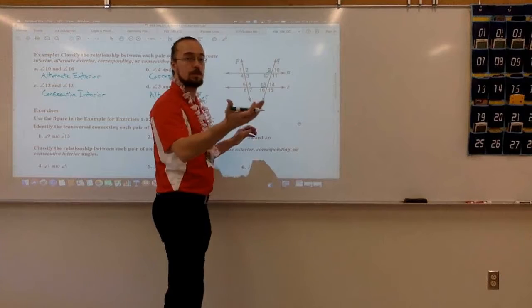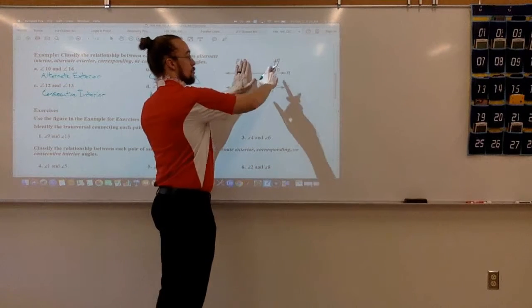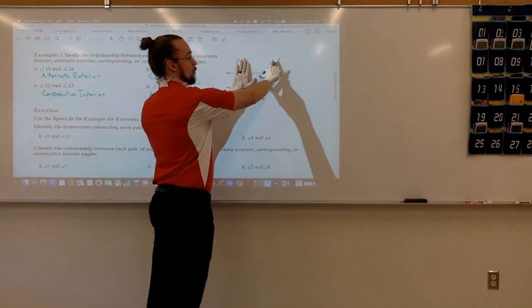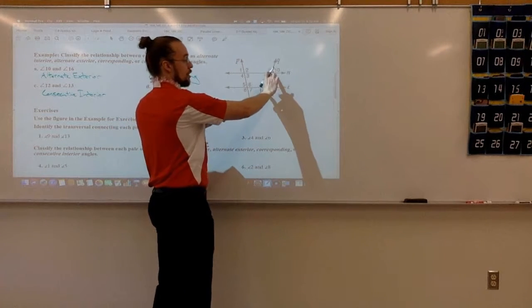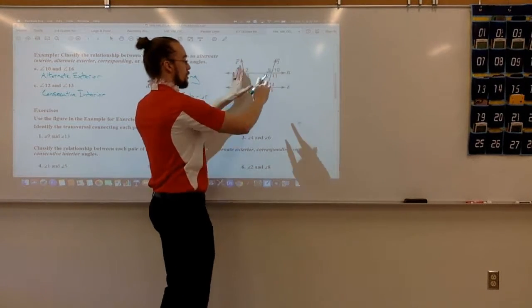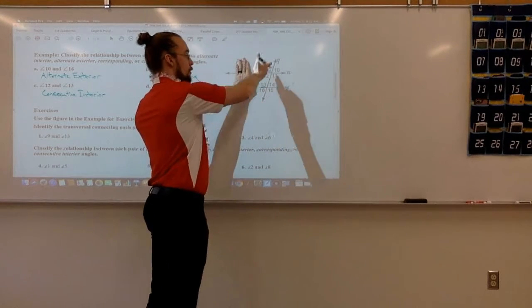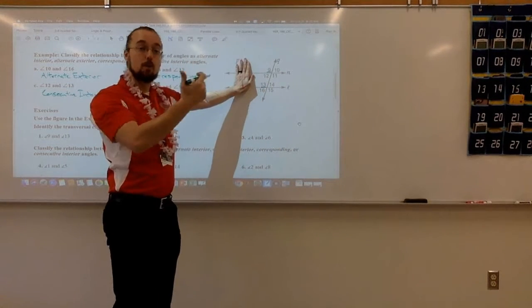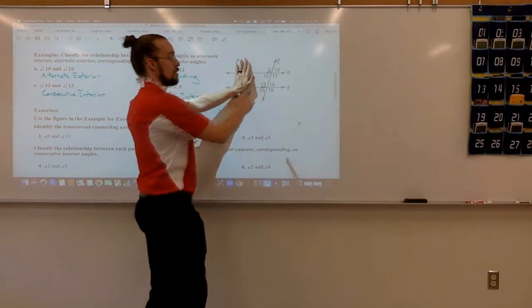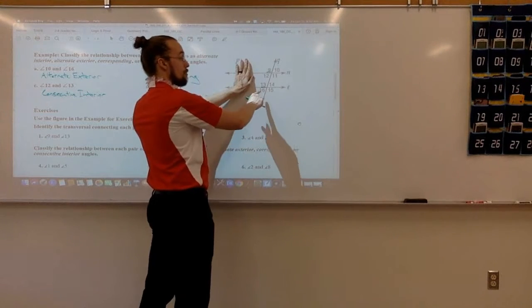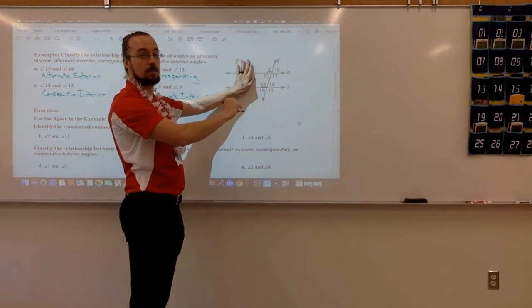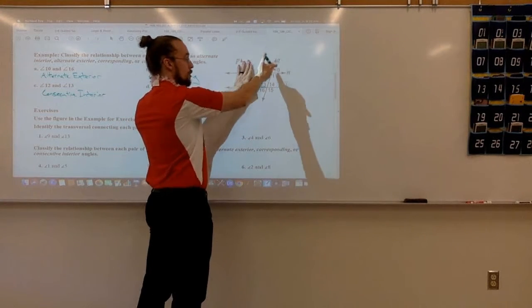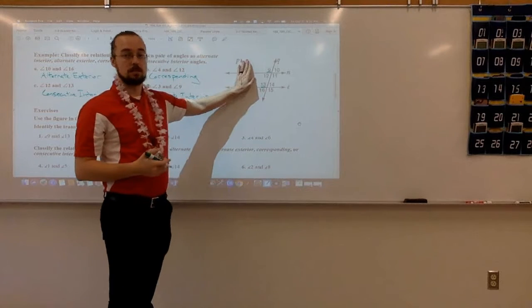So it's going to be line Q. Since 9 and 13 are over here, we're just looking at this half of the diagram. So the line that both of those angles are on is Q. Right? They're not both on line N, and they're not both on line L. The only line that both of those angles are on is line Q.